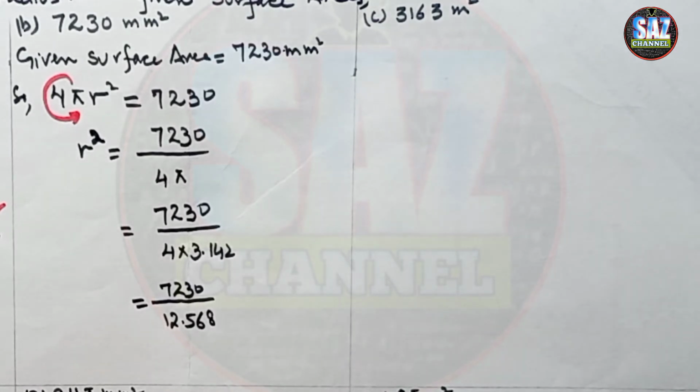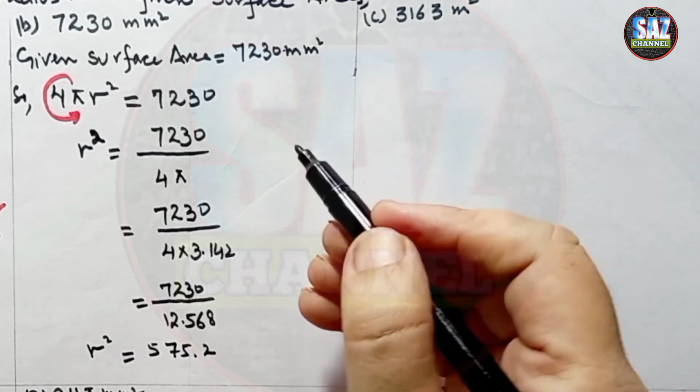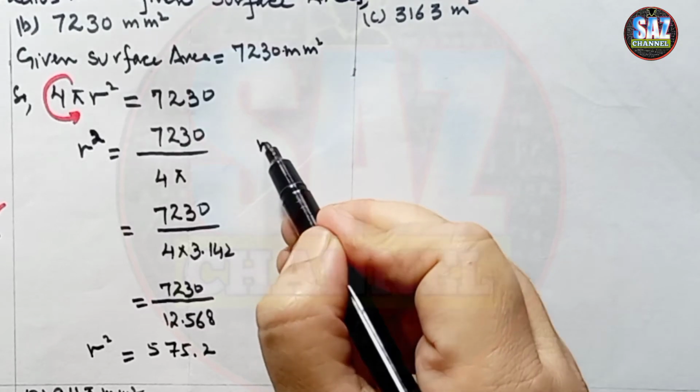And now what I have to do, 7230 divided by 12.568, and this gives me r square equals to 575.2. And then I have to take the square root.